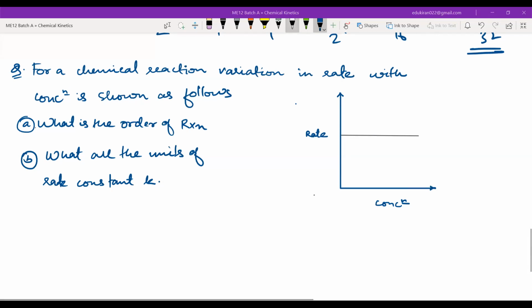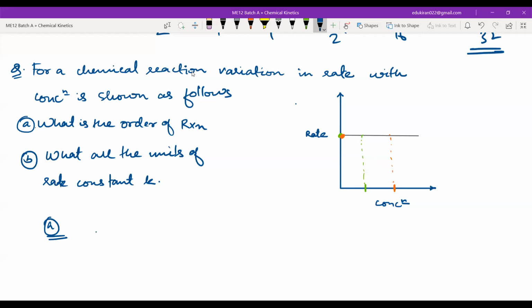Okay. Tell me here. I have this concentration. What will be the rate? The rate is this much. Then I increase the concentration here, but still the rate is the same, right? The rate is the same. That means the rate is independent of concentration, right?